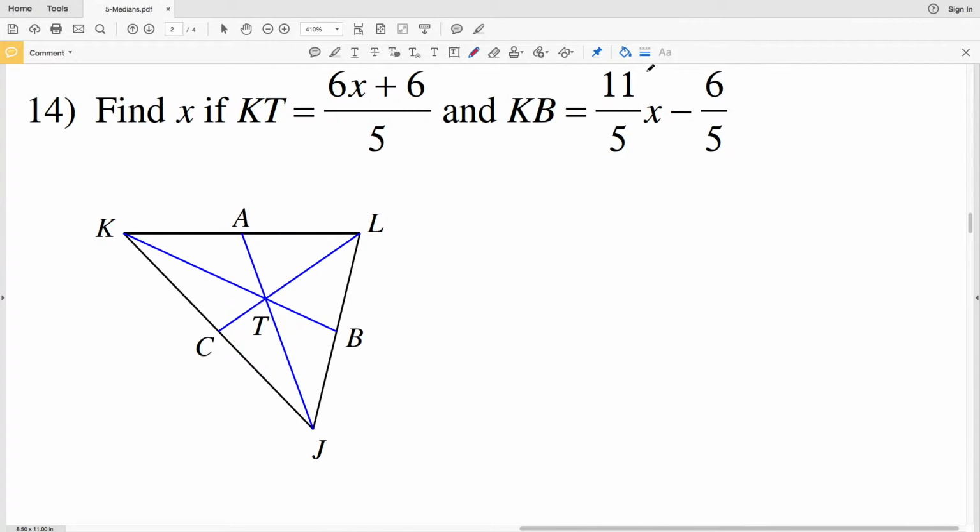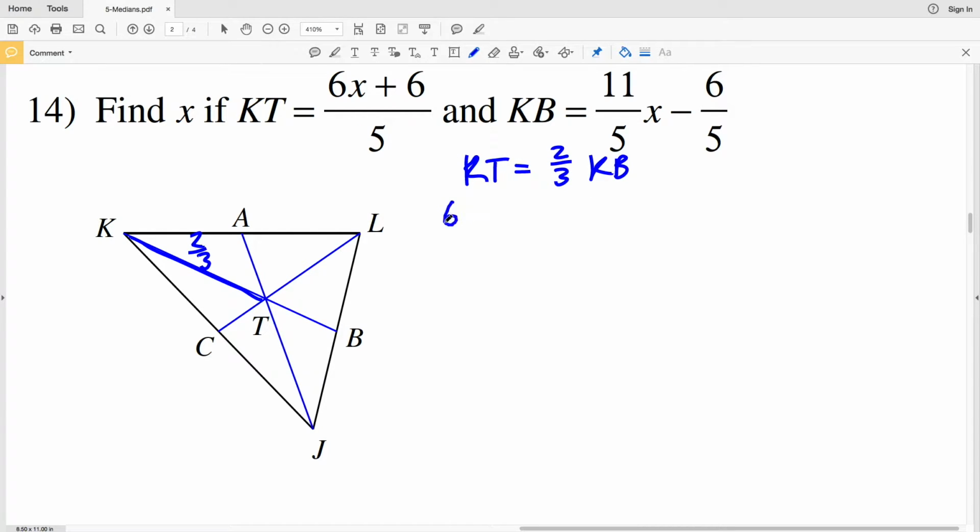In number 14, I'm finding x if KT is equal to 6x plus 6 over 5, and we know that KT is 2/3 of that distance from K to B, which KB is 11/5 x minus 6/5. So KT equals 2/3 of KB.